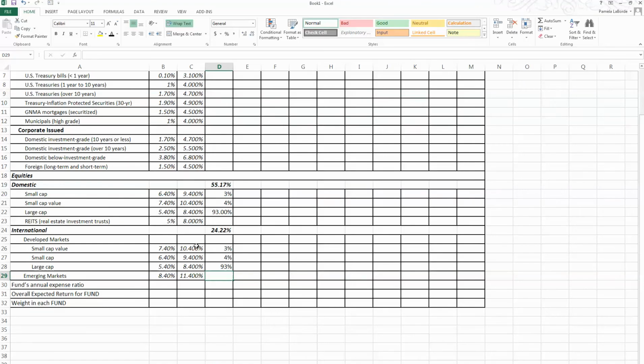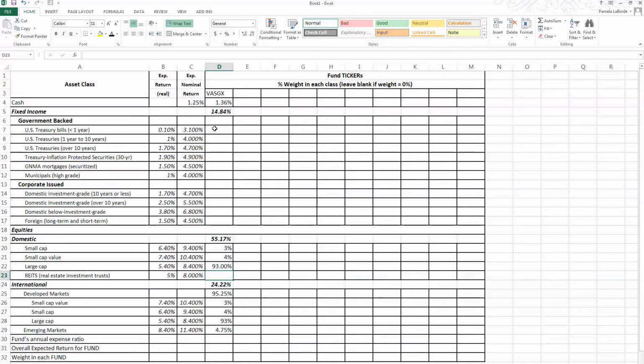So I'm going to input that here. I had no real estate investment trust. It didn't note that in any of the information that I saw. So I'm just going to leave it blank.